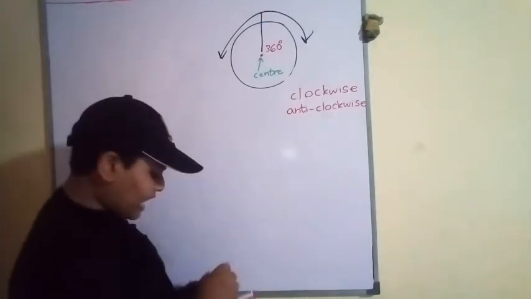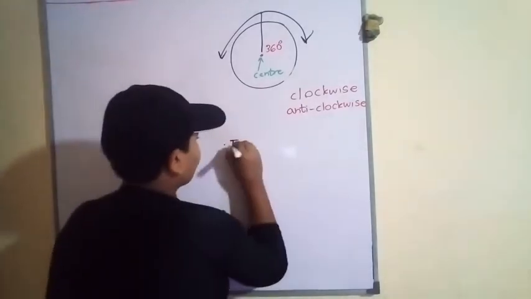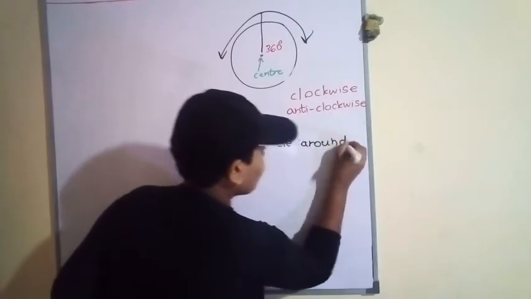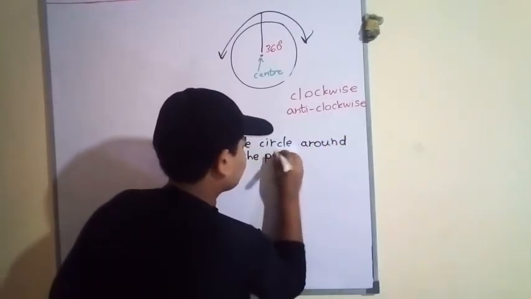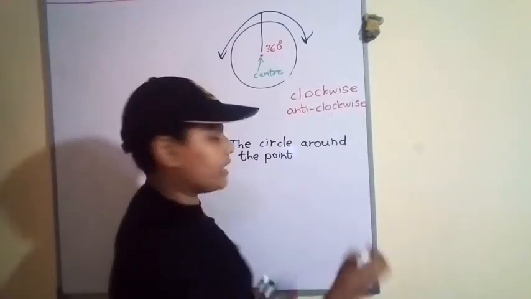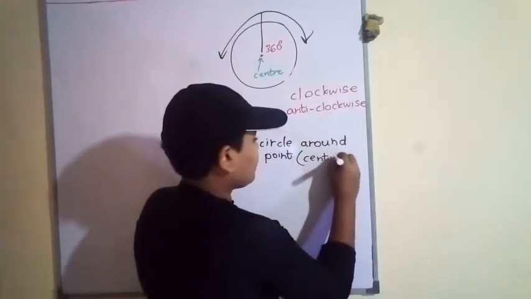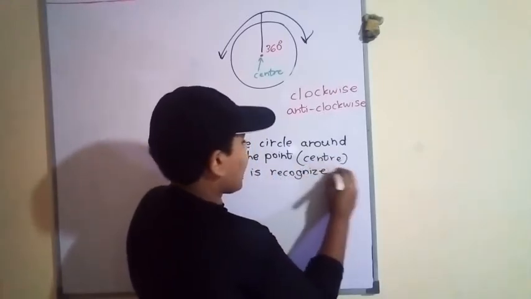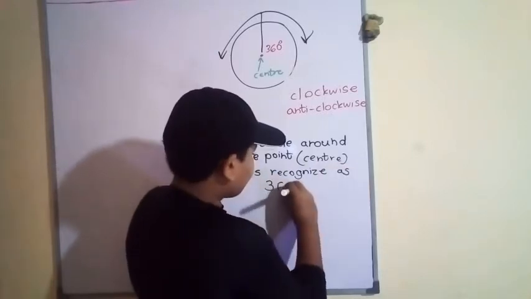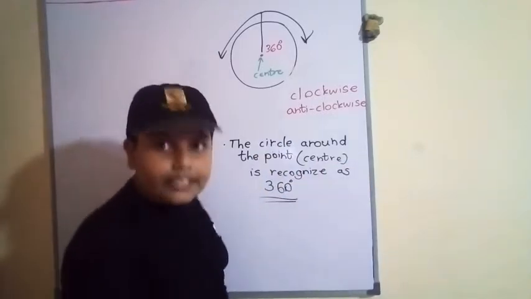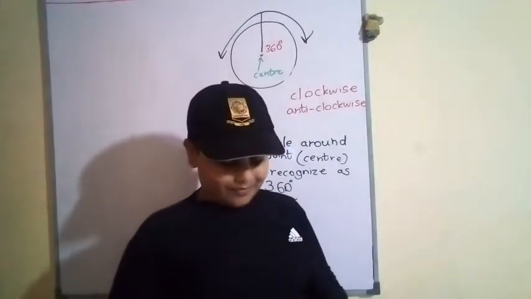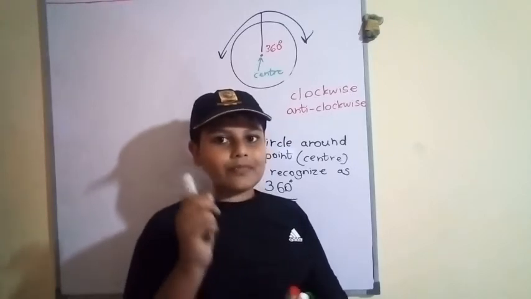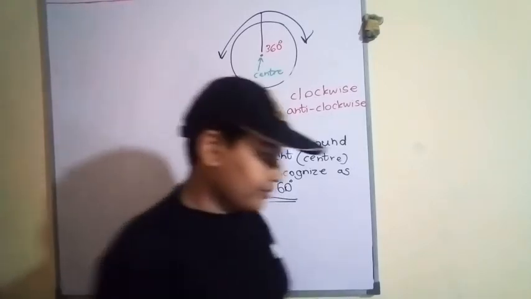Now you can name this the circle around the point, or you can name this as the center, is recognized as 360 degrees. Is it clear? 360 degrees. This is the instrument that measures angles, the protractor.